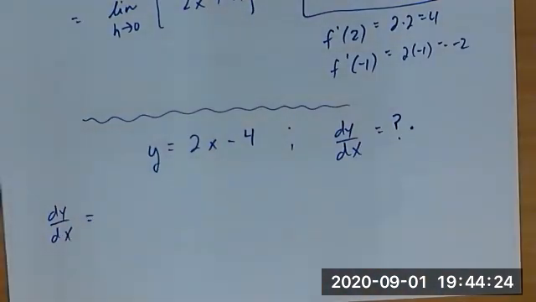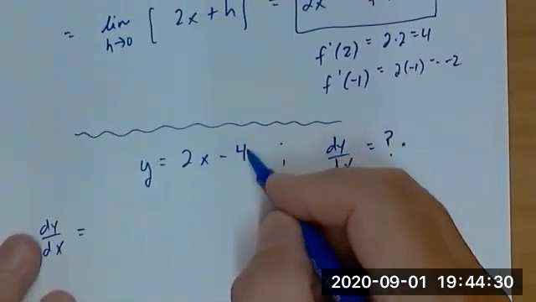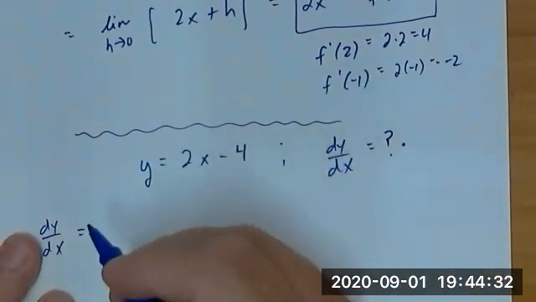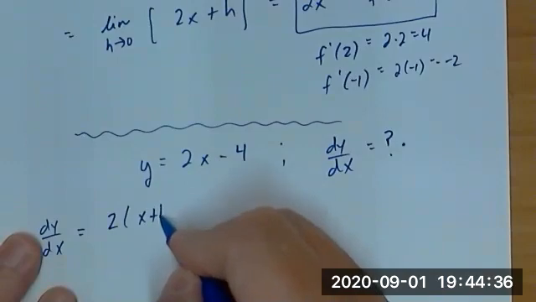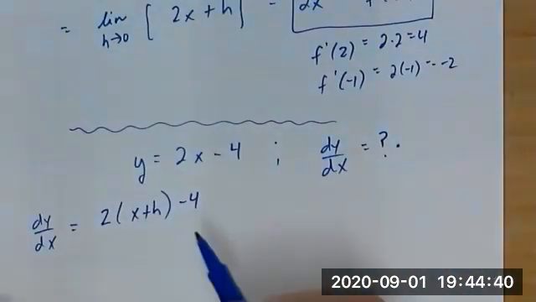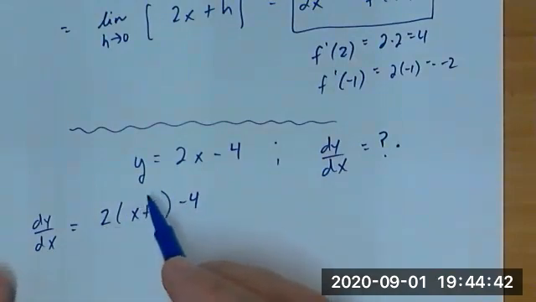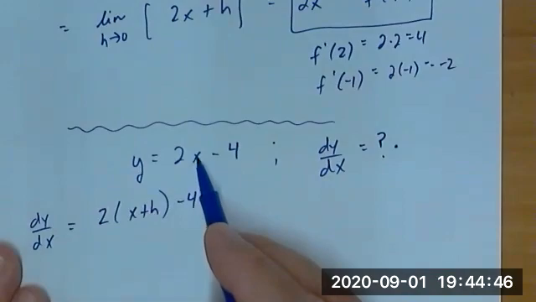So dy dx, f of x plus h means I take this function, I replace x with x plus h, right? So this right here is f of x plus h. I put in x plus h for x.